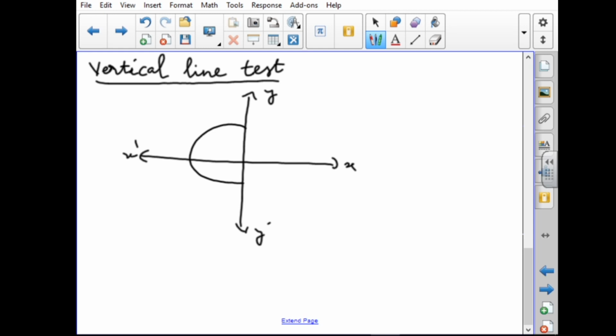For example, here I draw one curve like that. For the vertical line test we draw another vertical line like that. Here the vertical line is intersecting the curve at 2 points, the first one P and the second one Q. It intersects at 2 points here, so this is not a function. Another one, you take the graph like that.